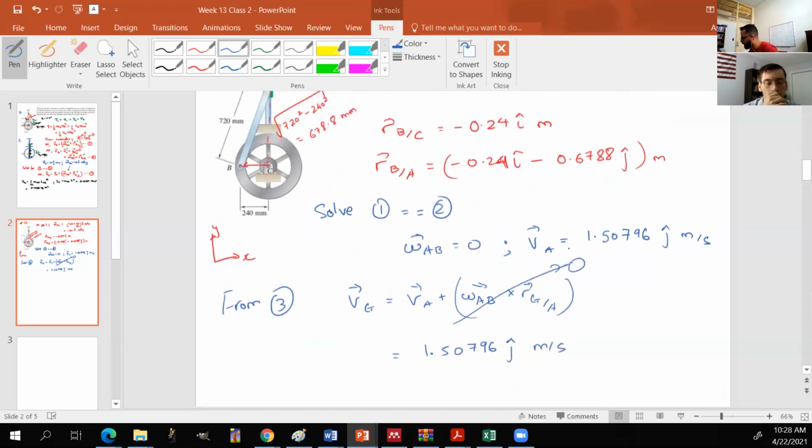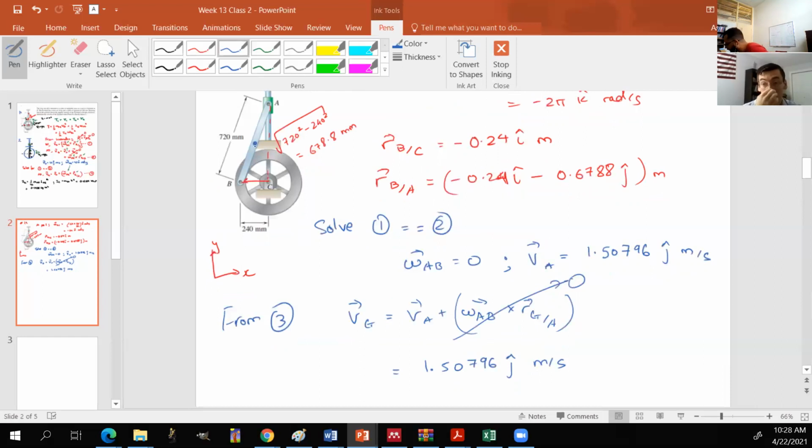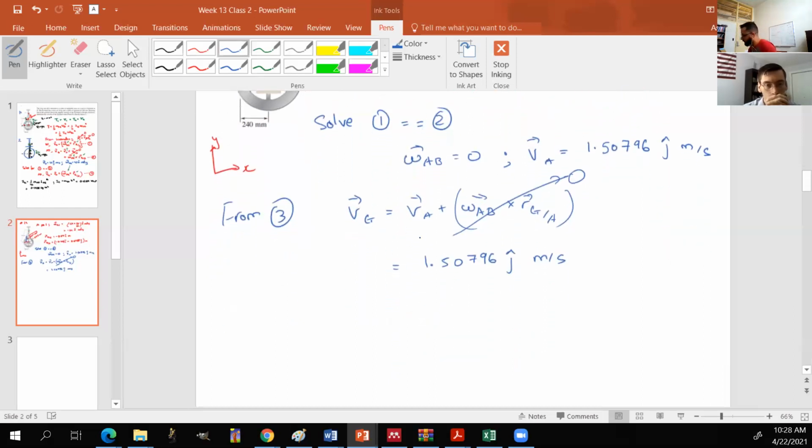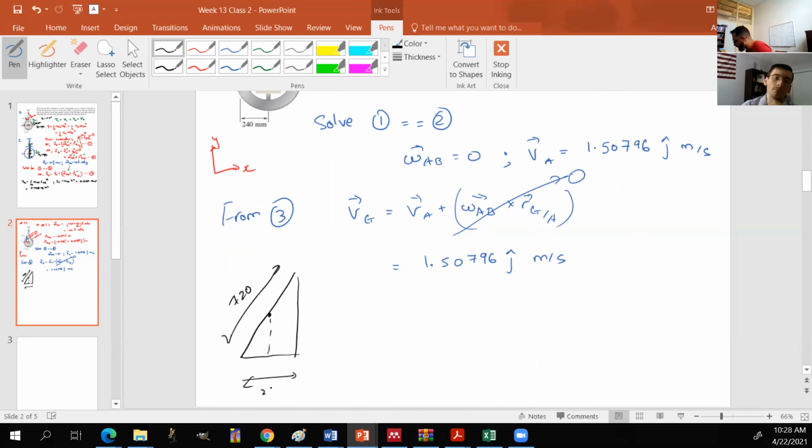Next, we have to find out what this height over here is, y1, because that's where our datum is. That's the midpoint. We know this big length here is 720, and this is 240, so this length here is going to be 360, and that length there is going to be 120.